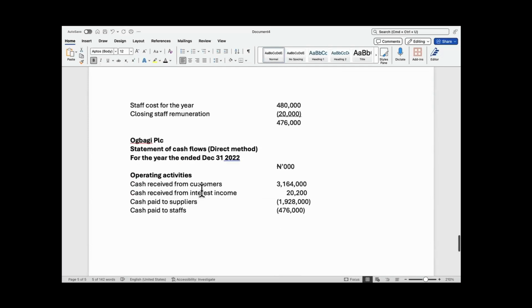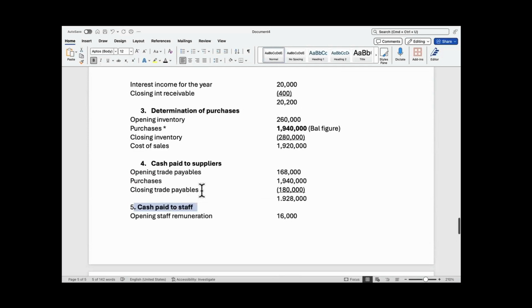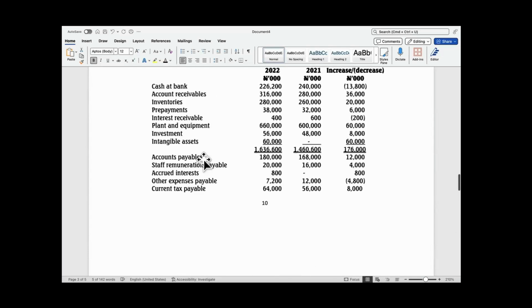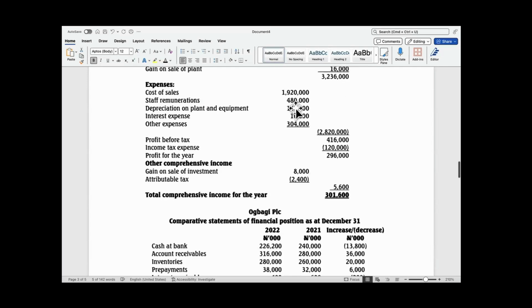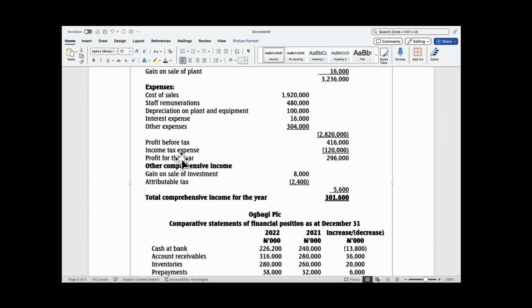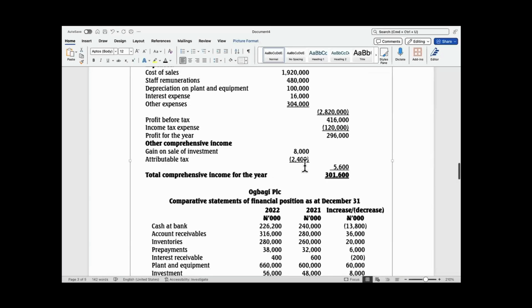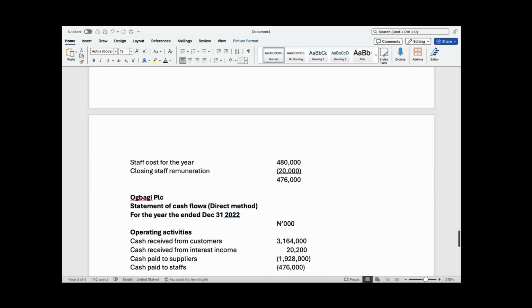So we were going to interest expense. For interest expense also, the same thing. I can see an accrued interest here after the staff remuneration payable, which shows that I am owing interest. So opening is 0, our closing is 800, then for the year is 16,000. Let's use the same methodology for consistency so that you will never get it wrong.